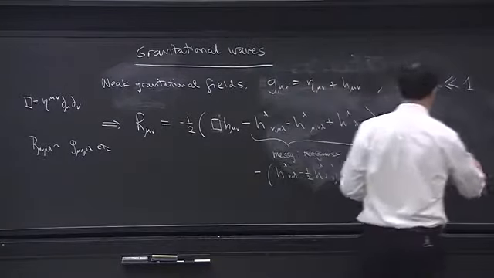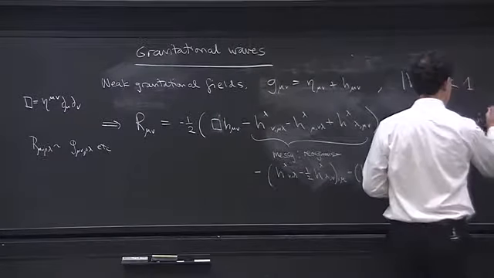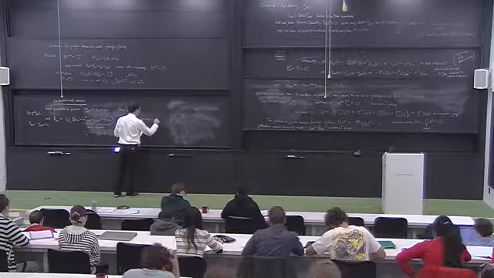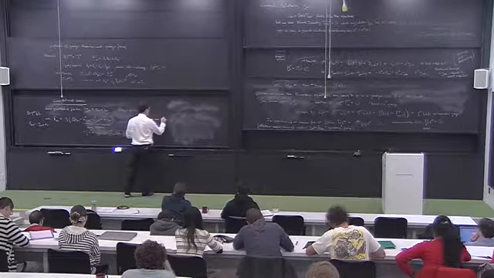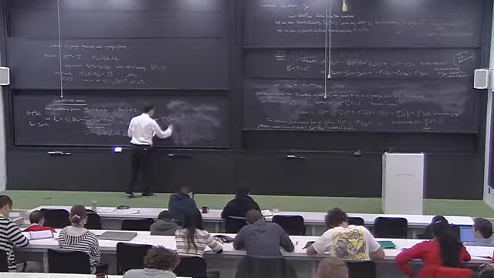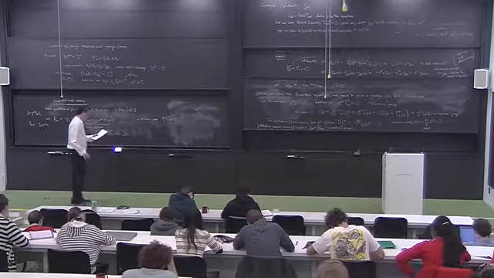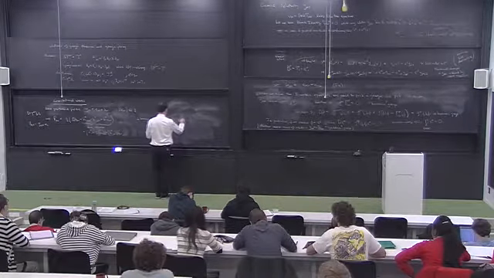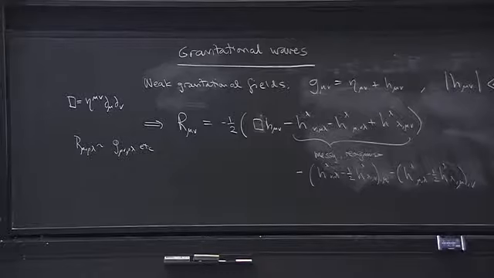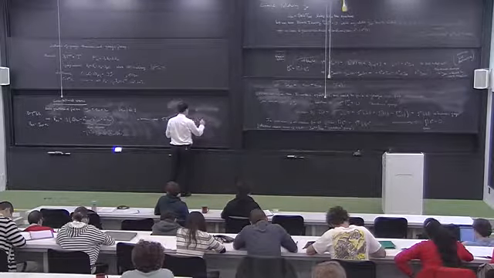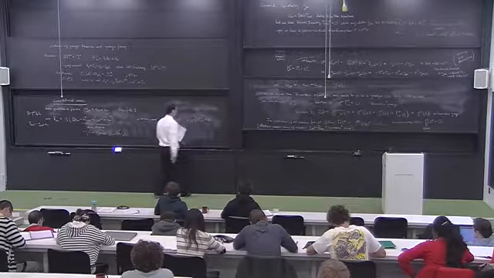And it turns out that in harmonic gauge, which is g^{μν} Γ^λ_{μν} = 0, well, if I work that out to first order in h, this just implies that h^λ_{ν,λ} − 1/2 h^λ_{λ,ν} = 0.